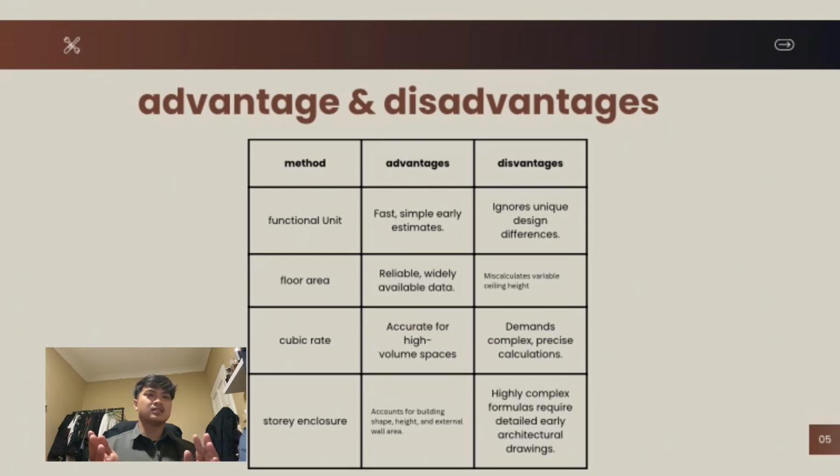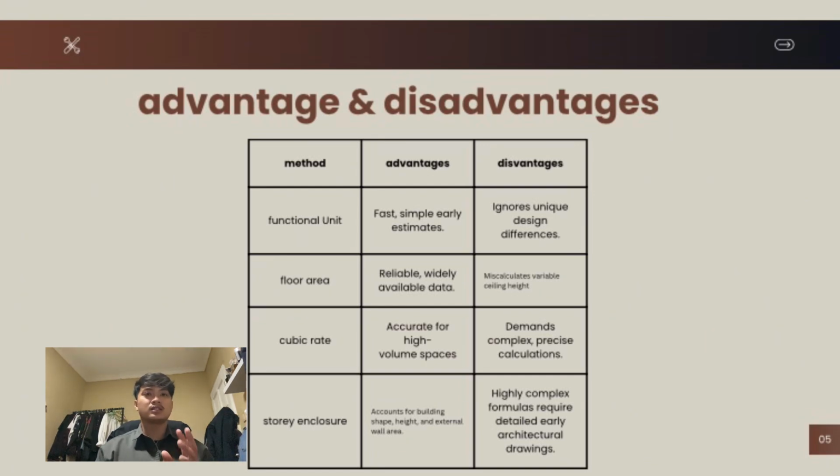The advantage is it is reliable with widely available data, but the disadvantage is it can miscalculate the variable of ceiling height. Number 3 is the method of cubic rate. It is very accurate for high volume spaces, but the disadvantage is it demands complex and precise calculation.